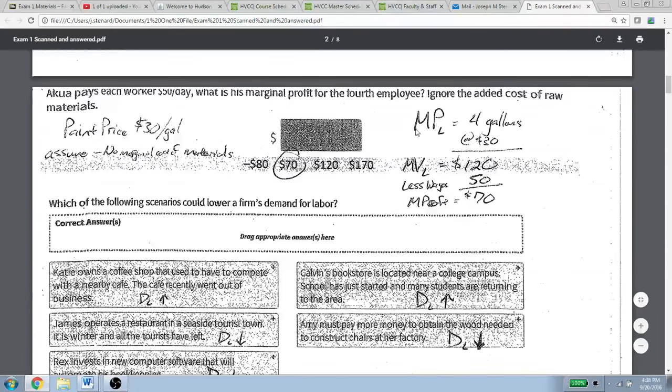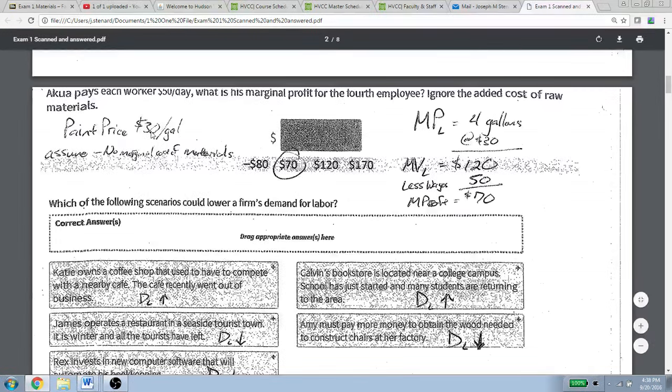And we're going to say that the amount of gallons being produced at 44 gallons is with 3 employees. With the fourth employee, they'd be able to increase output to 48 gallons. So that means the marginal productivity of labor is 4 gallons.